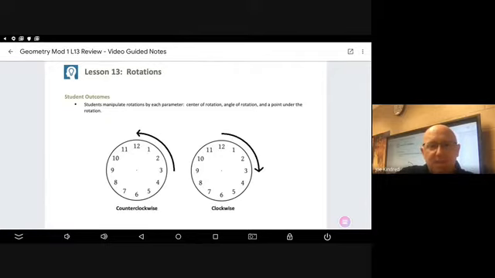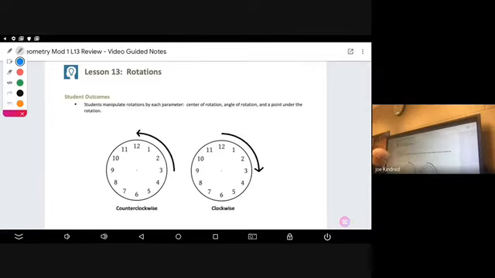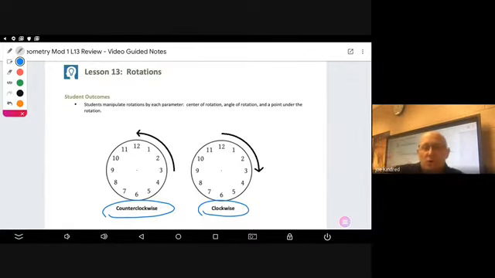Given that we're rotating, we also want some terminology. Counterclockwise is just as it says, going in the opposite direction, and clockwise is going in the direction that we would normally see a clock turn.